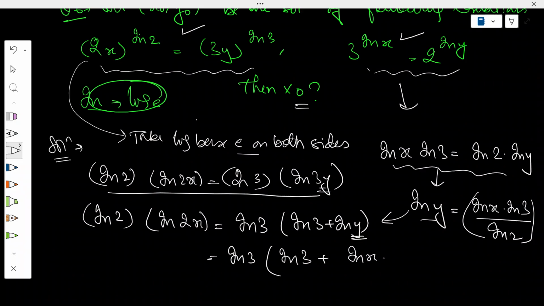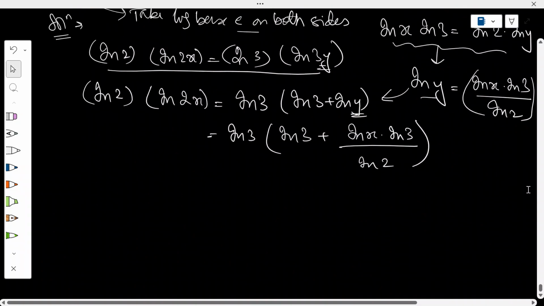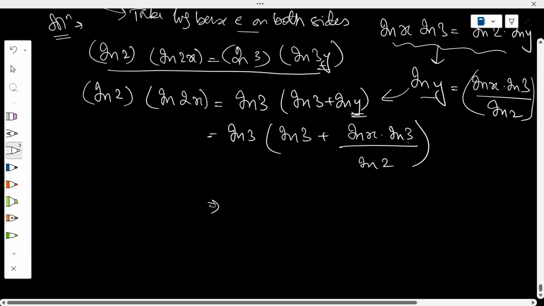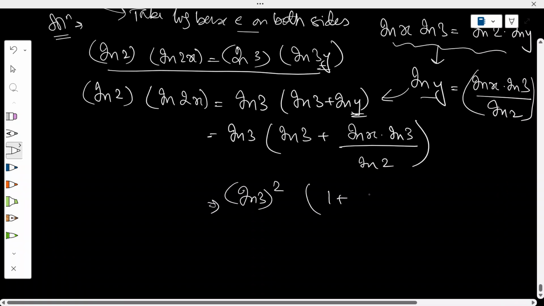Then we take ln 3 as common, so we get ln 3 times (1 plus ln x over ln 2).